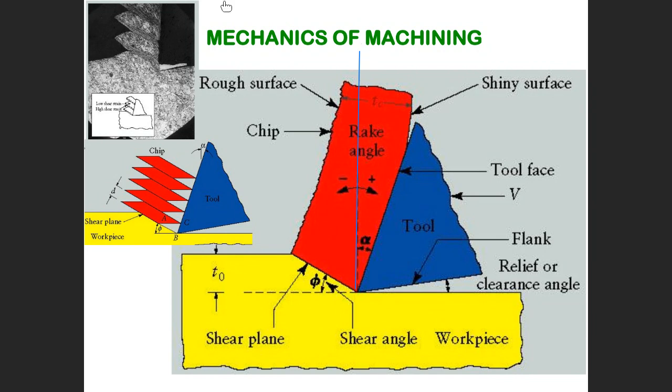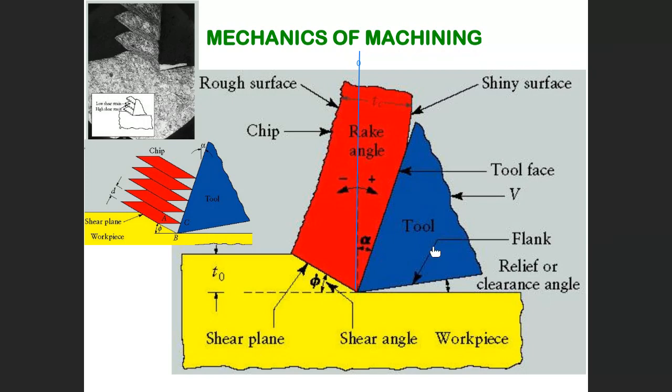Here alpha is 0 at this line. Here is positive alpha, and this is negative alpha. We call it the rake angle. So alpha is the rake angle.